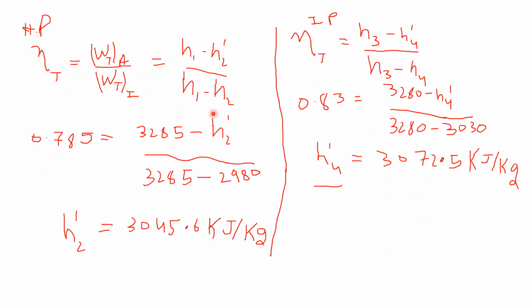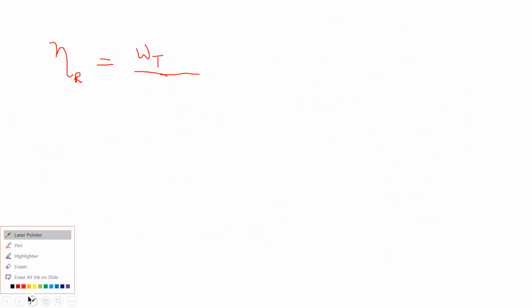If you're supposed to write an equation for this, where is this? 9 to 1, that means Q 9 to 1 plus Q 2 to 3.